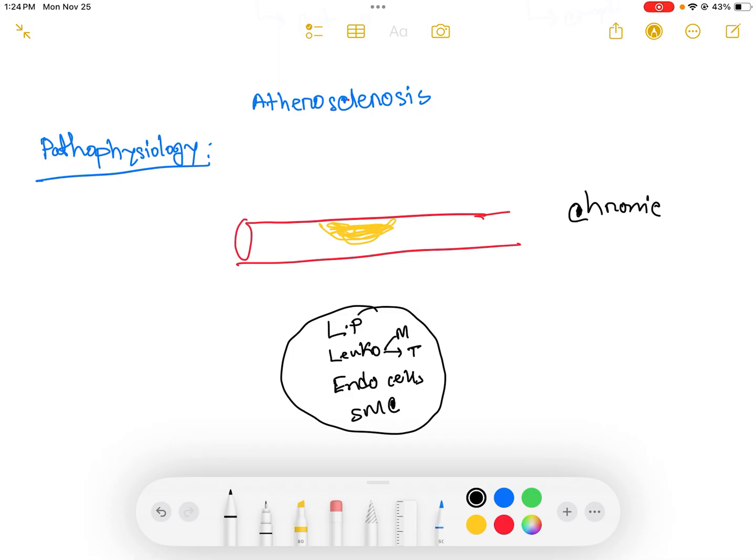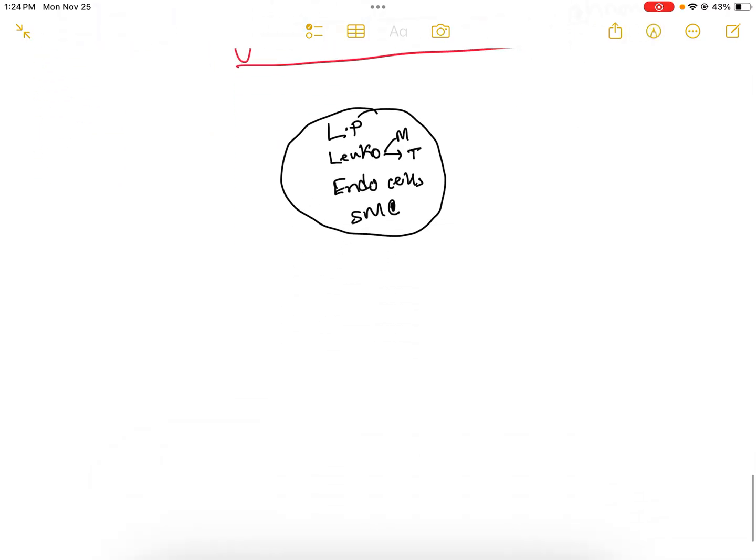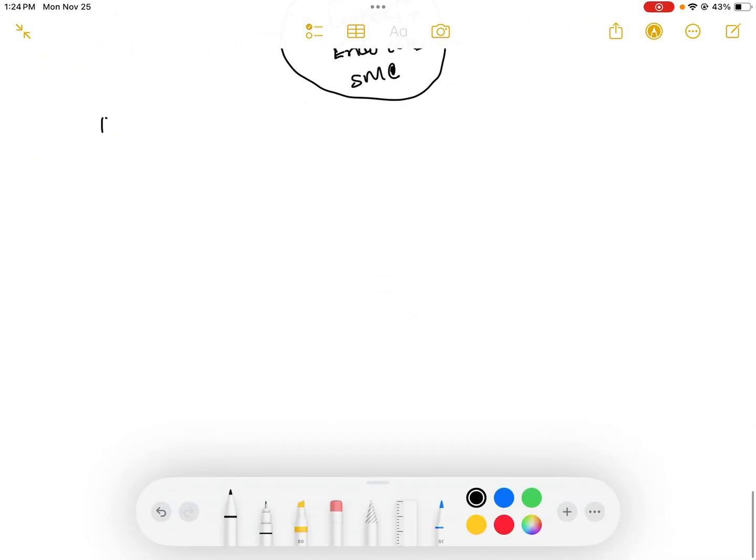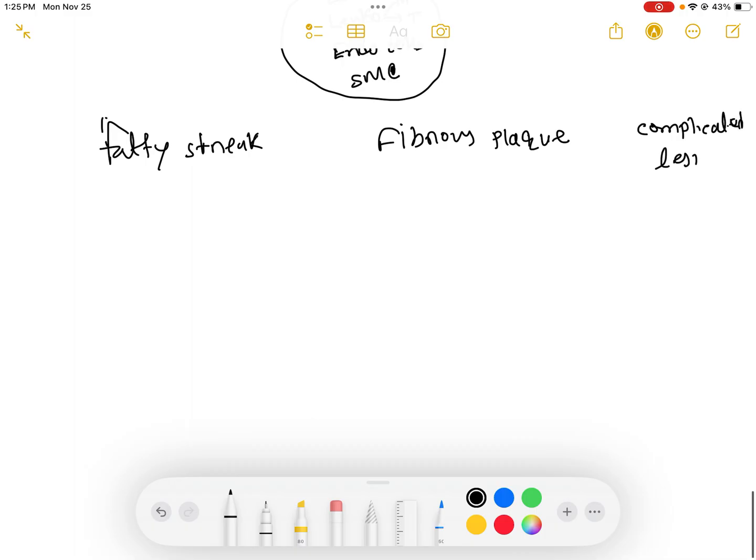Atherosclerotic lesions can histologically be found at different stages in blood vessels, including the fatty streak, fibrous plaque, and complicated lesion. The fatty streak is the first evidence of atherosclerosis.